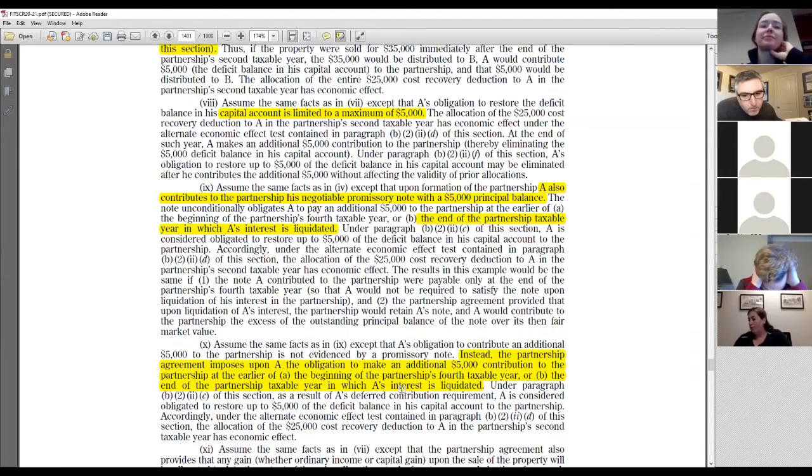So we know A's capital account is going to go back up by 5 at some point in the future. And so this is an LDRO under that second part of the LDRO definition.